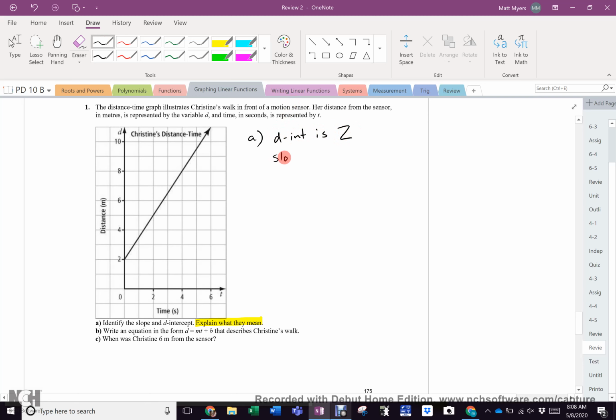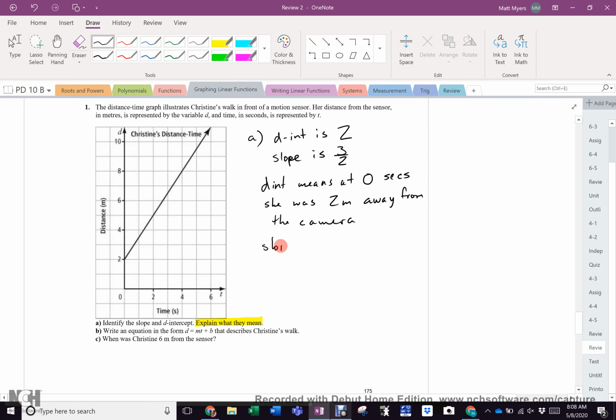The slope is 3/2. What does that mean? Well, the d-intercept means at 0 seconds she was 2 meters away from the camera.